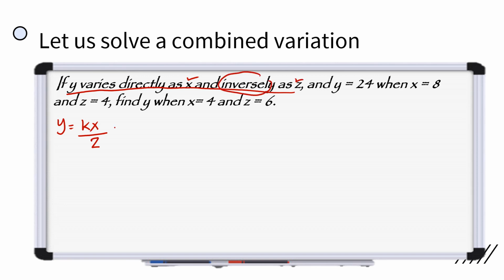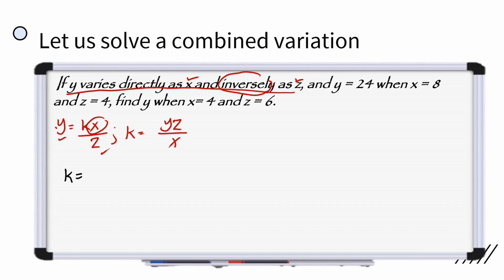Then, how do we get our k? Multiply first the y and z. So, yz, then over the value of the one with k, which is x. Then, we can now compute.